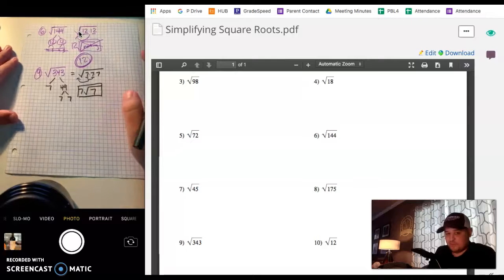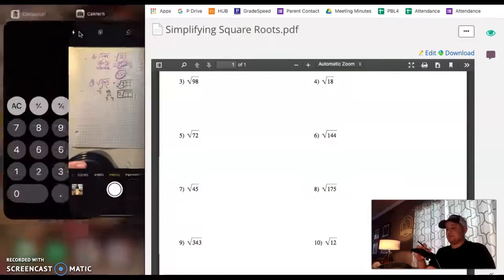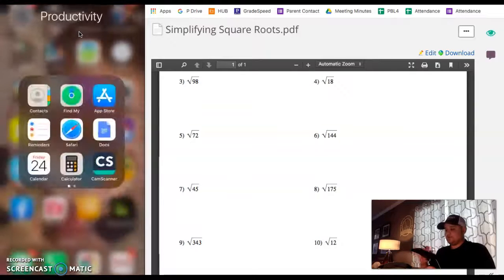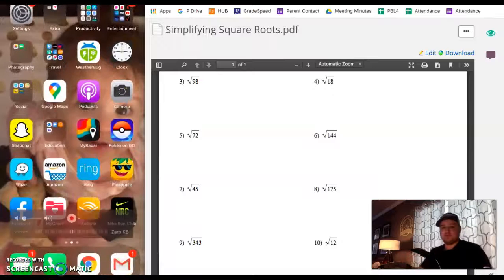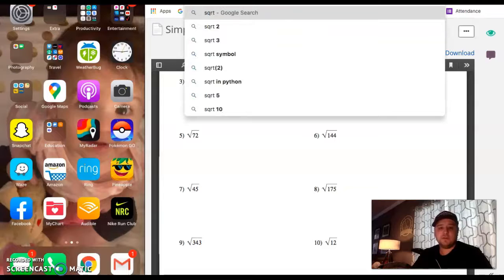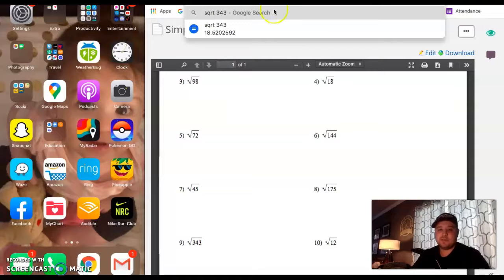Let me double check and make sure that that gives me the same thing. Oh, I don't have a square root calculator on this thing, so let's just try using Google here on the computer. I'll do the square root of 343, and that's 18.520.